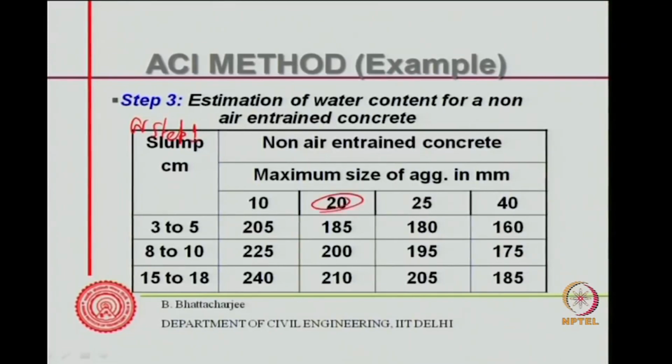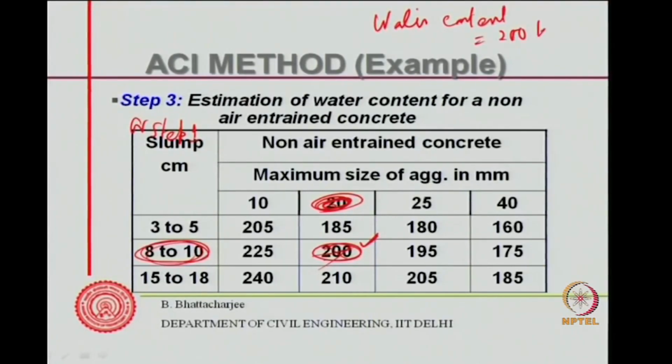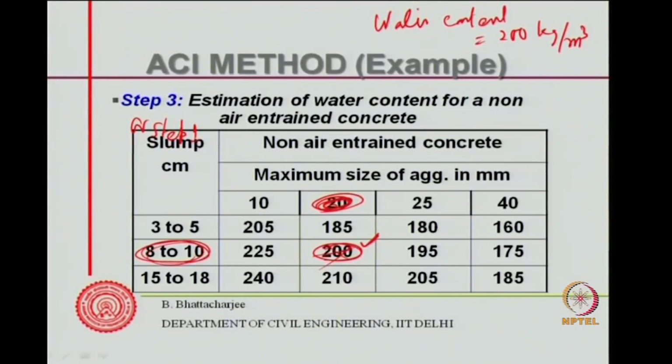Now, my MSA is 20, my slump is 8 to 10 centimeter, 80 mm, therefore my water is 200. So this is my water content, 200 kg per meter cube. So that is the first step.